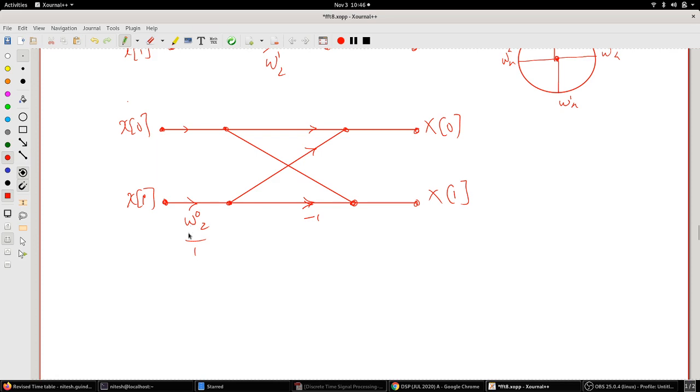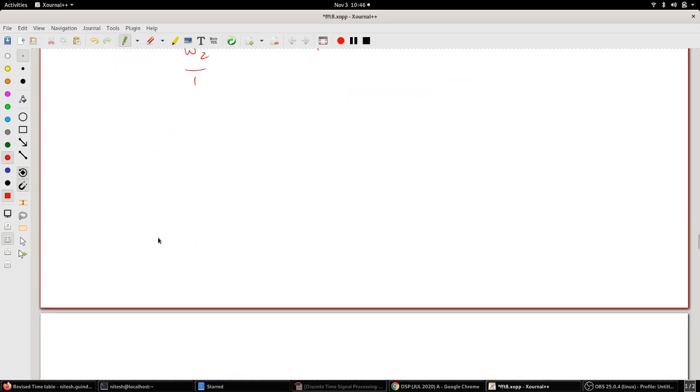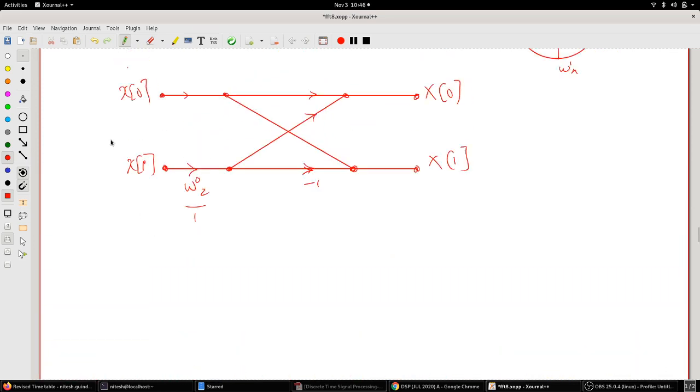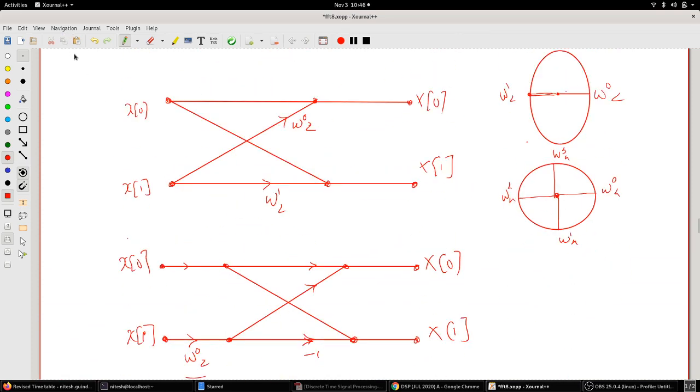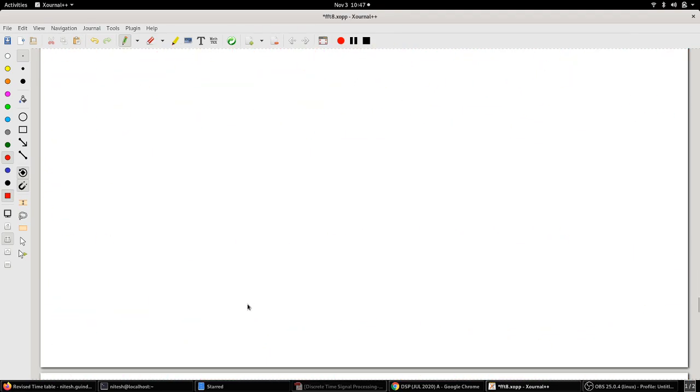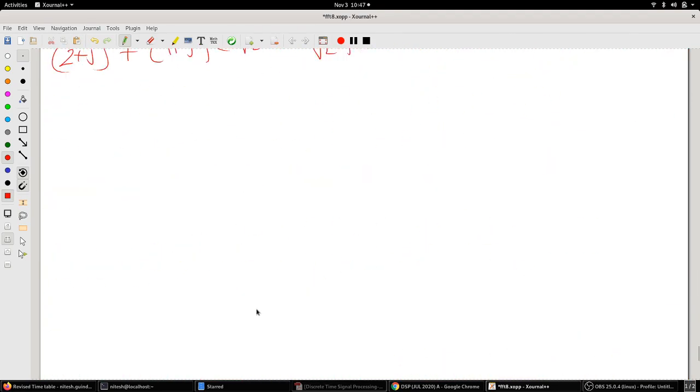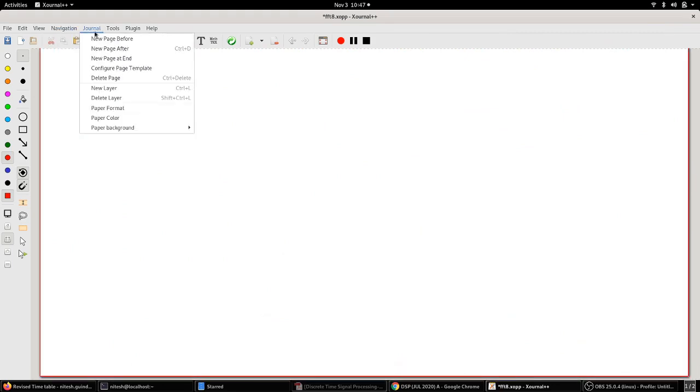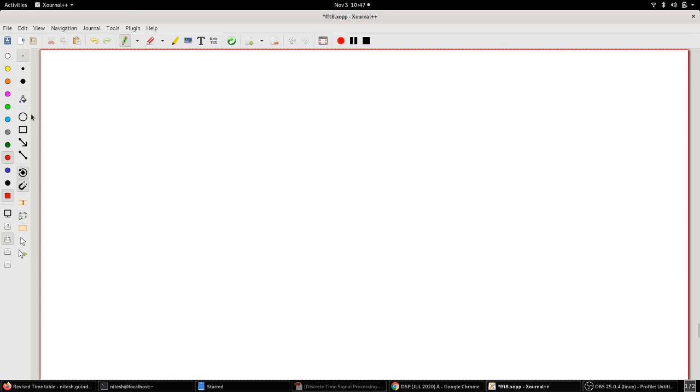Now similarly, look at the 4-point structure. We'll have a look at the 4-point structure, and let me just redraw this structure. Okay, so let's draw a 4-point structure now. So you have this here.